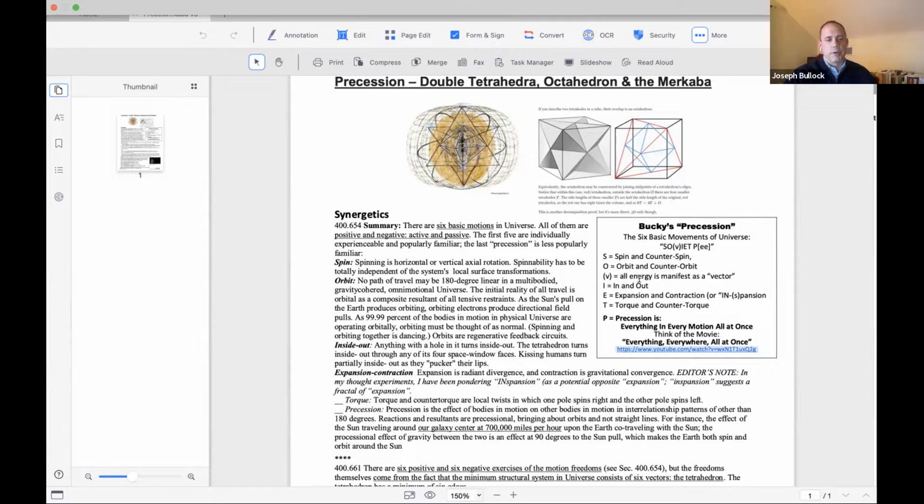All energy is manifested in a vector. So the way I look at a vector is your purpose statement and your goal. So that would be a vector for the B. You have in and out, expansion and contraction, torque and counter torque, and precession is everything in motion all at once, so that it's always going on all at once.